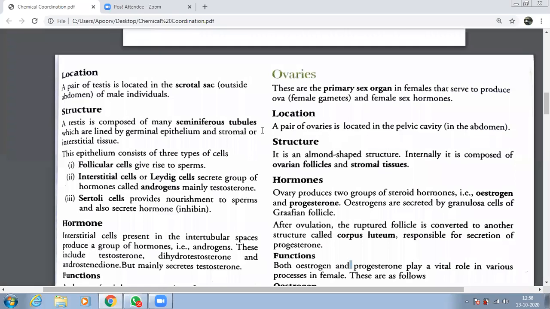And the ovum, if you have done the female reproductive system nicely in class 10th, when the eggs or ovum are produced, where does fertilization take place? Which part of the reproductive tract? Where does fertilization take place in human females? Fallopian tube.